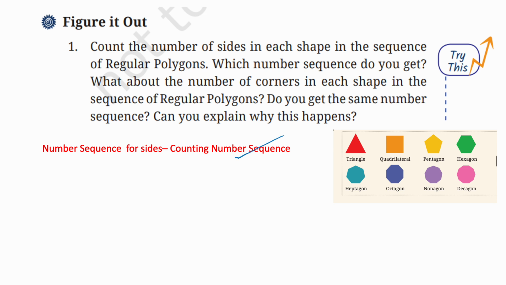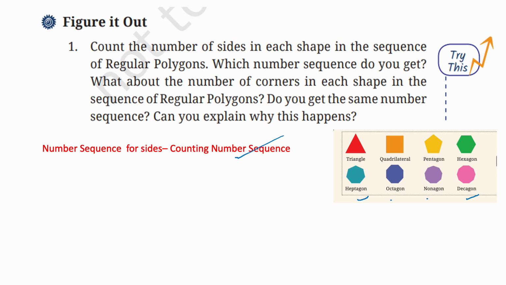Then what is the next step? What about the number of corners in each shape in the sequence of regular polygons? In a triangle you have 3 corners, quadrilateral or square 4 corners, pentagon 5, hexagon 6, heptagon 7, octagon 8, nonagon 9, decagon 10.